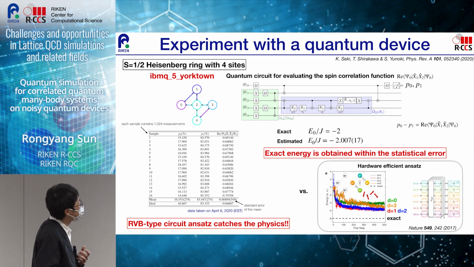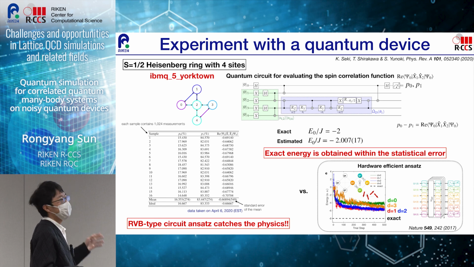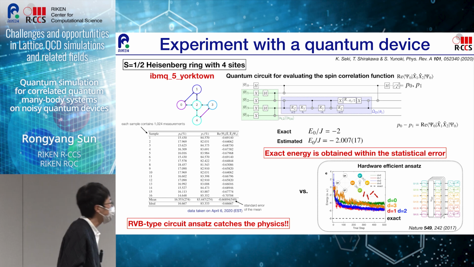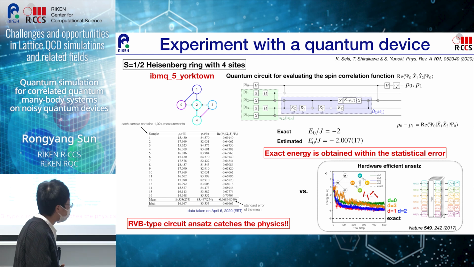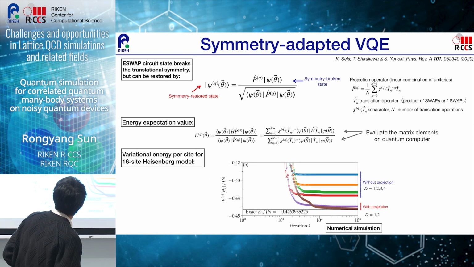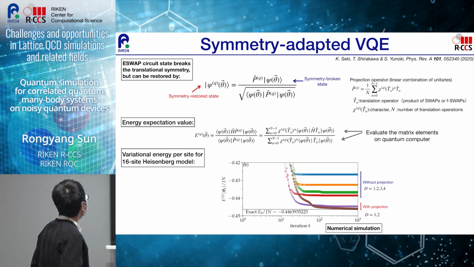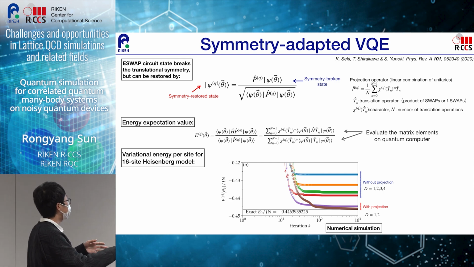In comparison, in previous studies people studied the same system on a real device using other types of circuits, but they could not achieve the exact ground state. This means that our RVB-type circuit ansatz actually catches the physics of the Heisenberg model, so we can achieve the exact energy.